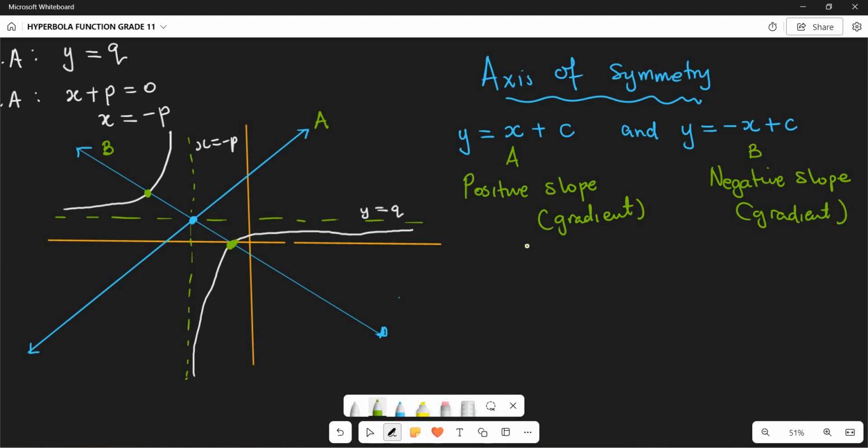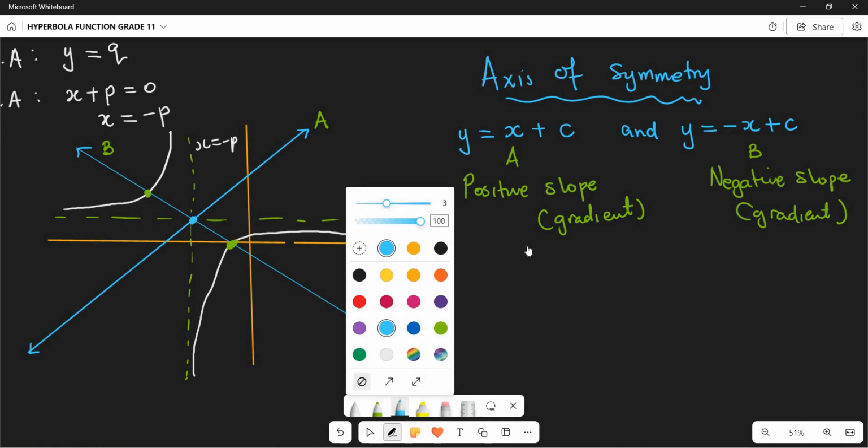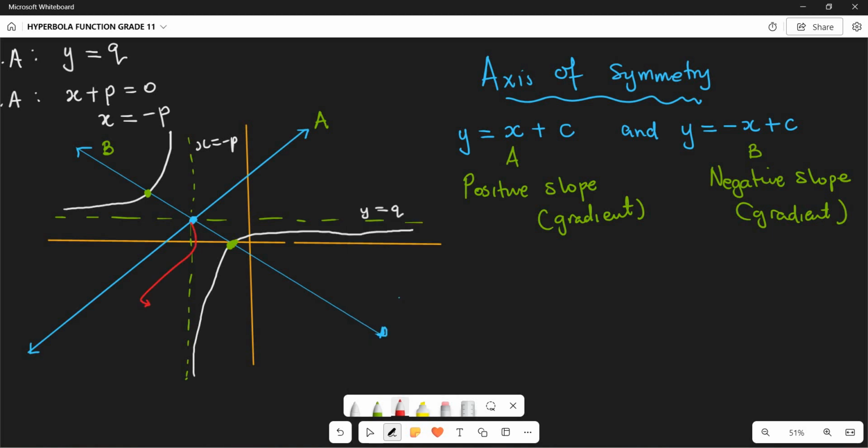So this common point here, okay, let me use a different color because it might mix up the work. This common point here is your negative P and your Q.